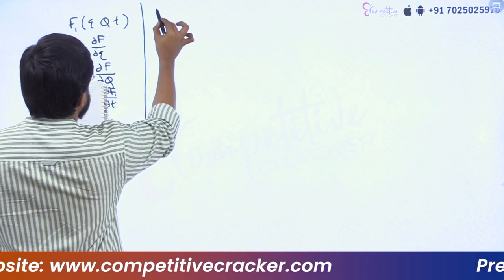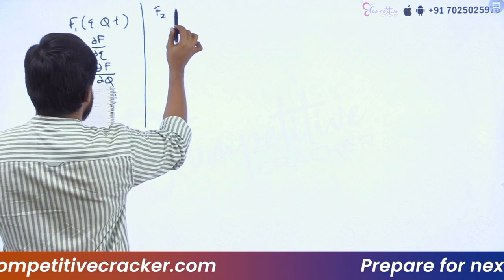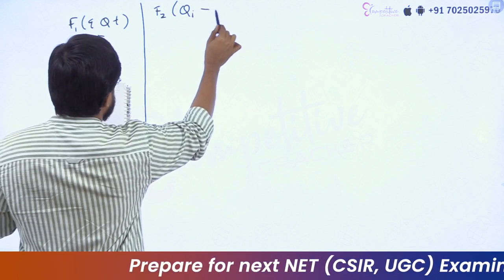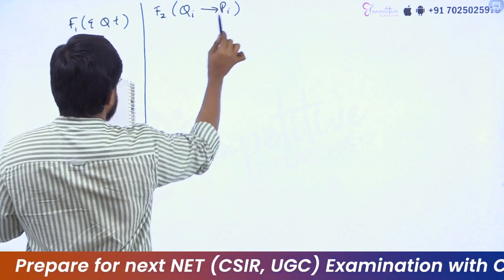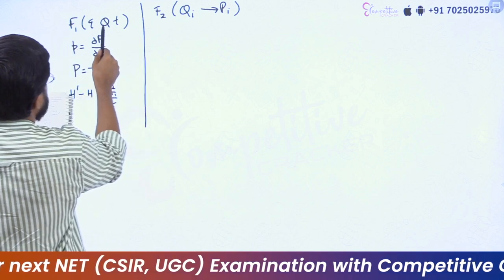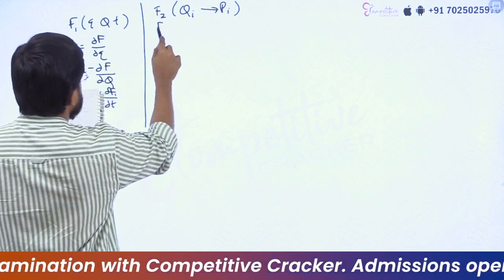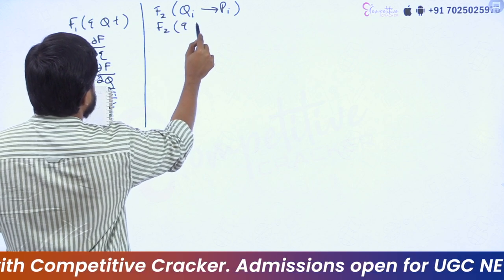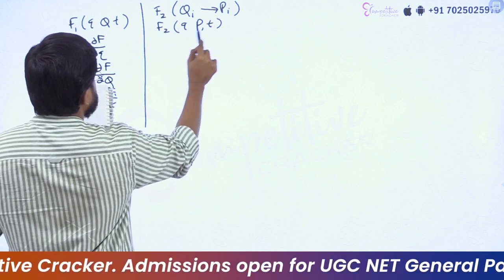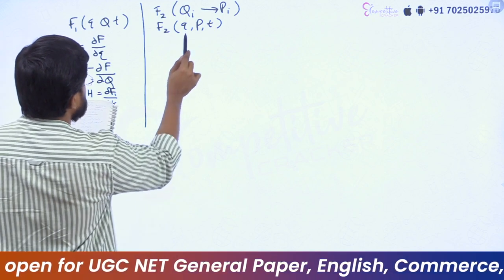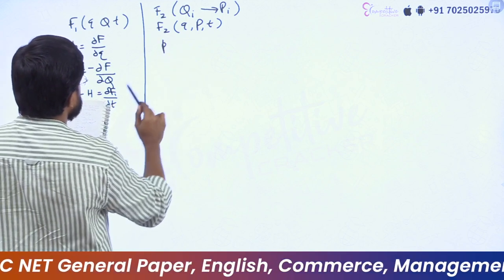And the second, F2. What is this F2? F2 is capital Q exchanged with capital P. So F2 will be small q, capital P, t. Small q is present. What is missing? Small p.